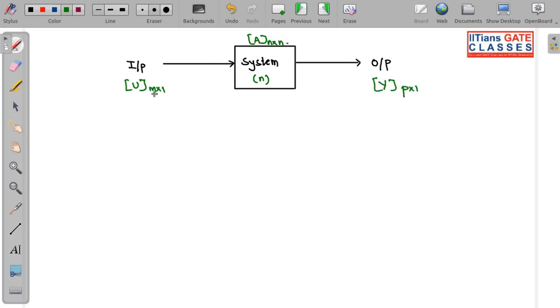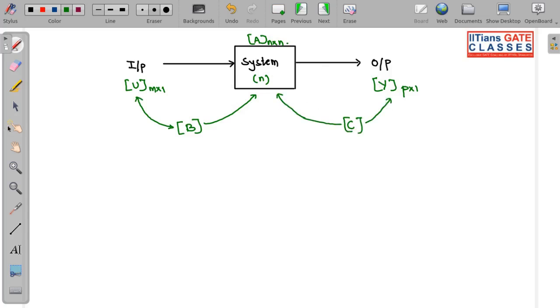So now the basic relationship between input and system is given by your B matrix, and the relationship between system and output is given by the C matrix.